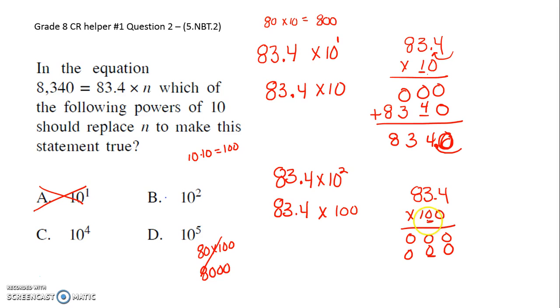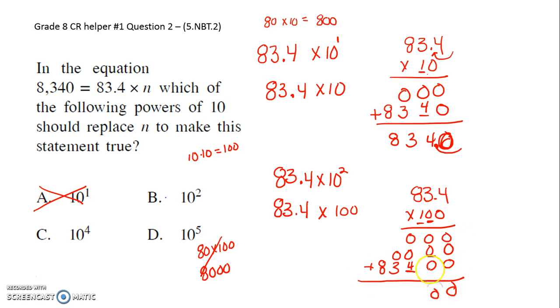I giggle because this isn't how I would actually do it. 0 times 8 is 0. Okay, now we're way over at the hundreds place. So I have to do a placeholder of 0 in the ones, a placeholder of 0 in the tens, and I have to go to the hundred place. 1 times 4 is 4. 1 times 3 is 3. 1 times 8 is 8.